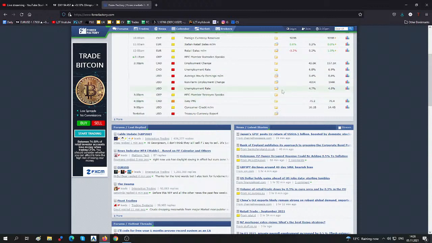Also don't forget, if you are trading the Canadian dollar, or US oil, you should be careful here, because the unemployment rate from Canada could bring some volatility, also later in a few minutes.